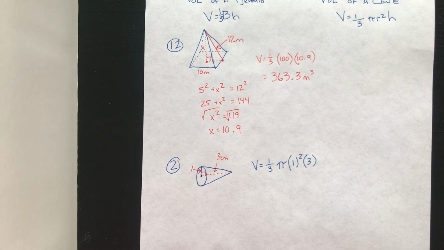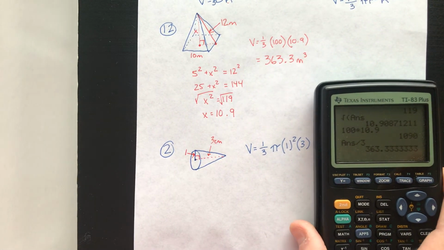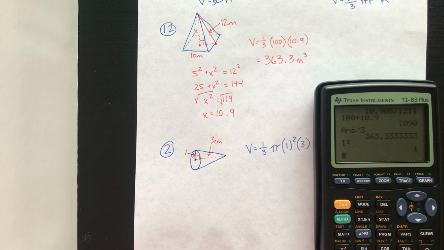And they want us to round to the nearest tenth, so we do have to multiply the pi out. So when I get my calculator, I'm going to just type in 1 squared, which is obviously just 1, times 3, which is just 3, and I'm going to multiply that by pi. So I get 9.424 whatever.